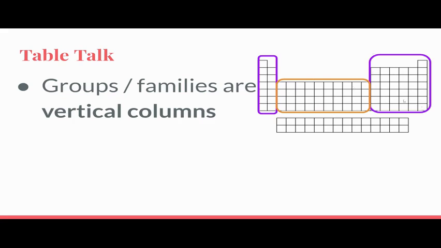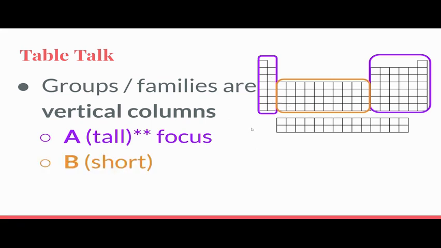And then we see some of these other taller families on the right-hand side. The ones that are highlighted in purple here, those are called the A families. So we tend to focus on those elements throughout this year. These shorter elements, the B families, those are the transition metals as you labeled on your key. We won't spend as much time with them this year. A lot of our year is going to focus on these elements that are highlighted in purple.